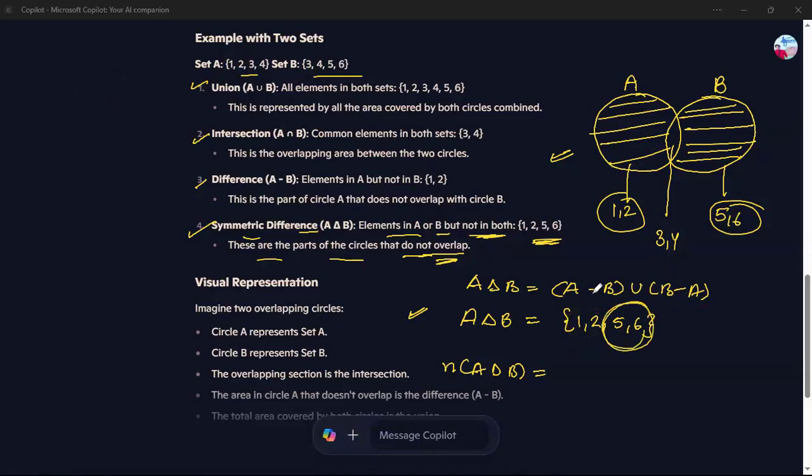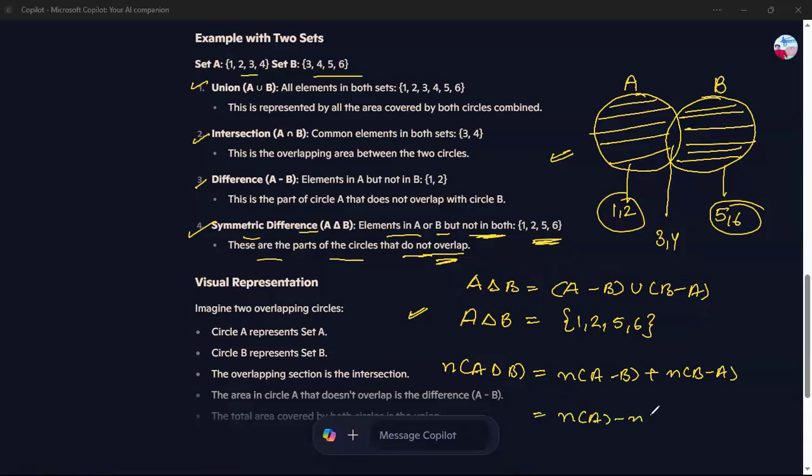5, 6. So we are combining both of these sets and calling it the symmetric difference of A and B. So the cardinality of this symmetric difference set should be the inclusion of what sets? How was the number found?